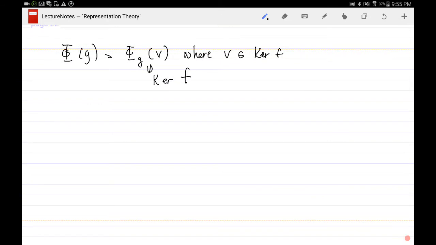So how do we do this? Well, we want to use somehow the fact that F is a representation homomorphism.